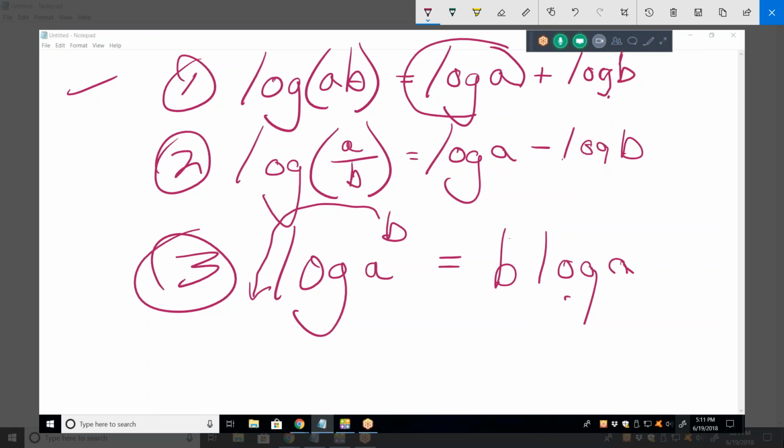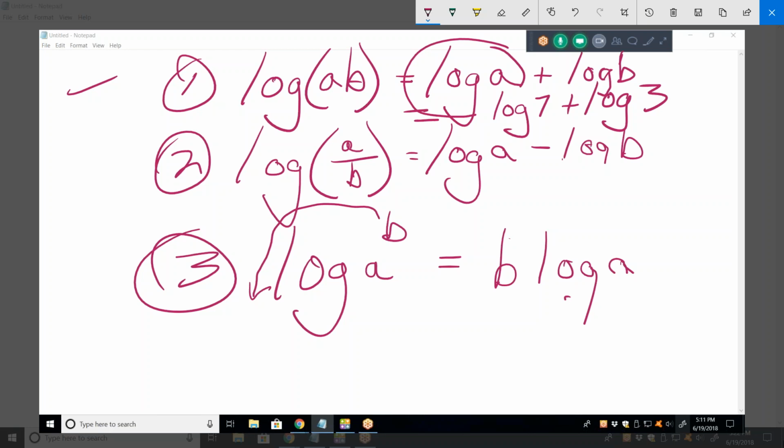So let me give you some of those. Tell me what this is. Okay, so I got log 7 plus log 3. That's what I've written on the right. Tell me what it is on the left. In other words, this problem, they would say condense it.